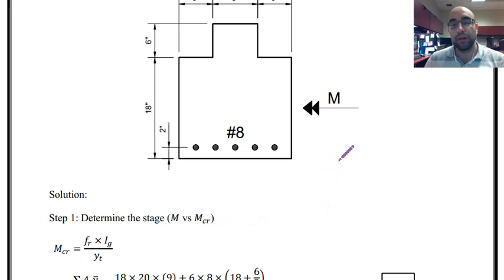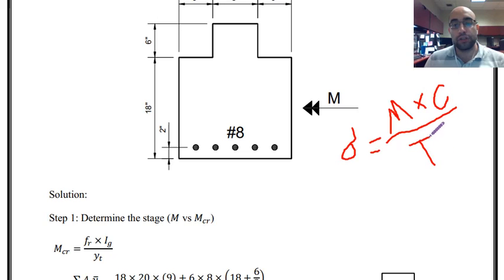For cracking moment, the basic equation that we have for that is coming from this simple equation that we have for flexural analysis. Flexural stress is equal to M multiplied by C over I. C is distance from neutral axis.